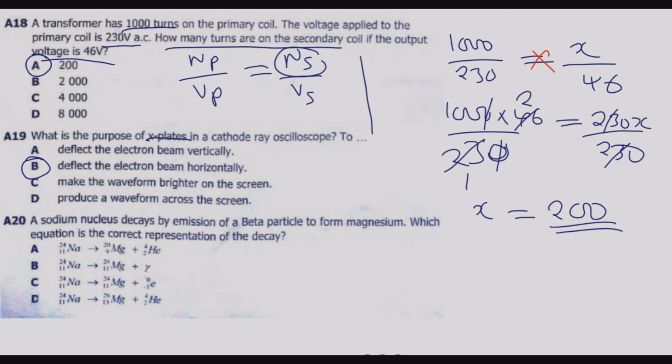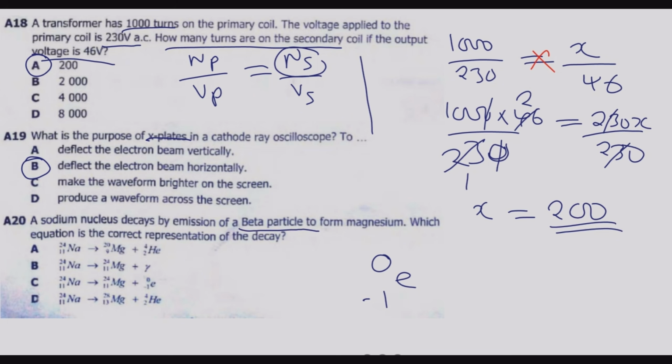Because the beta particle is just an electron, what is going to happen is after emission of this, the proton number will increase from 11 to 12. So if you see there, we need to have a beta.